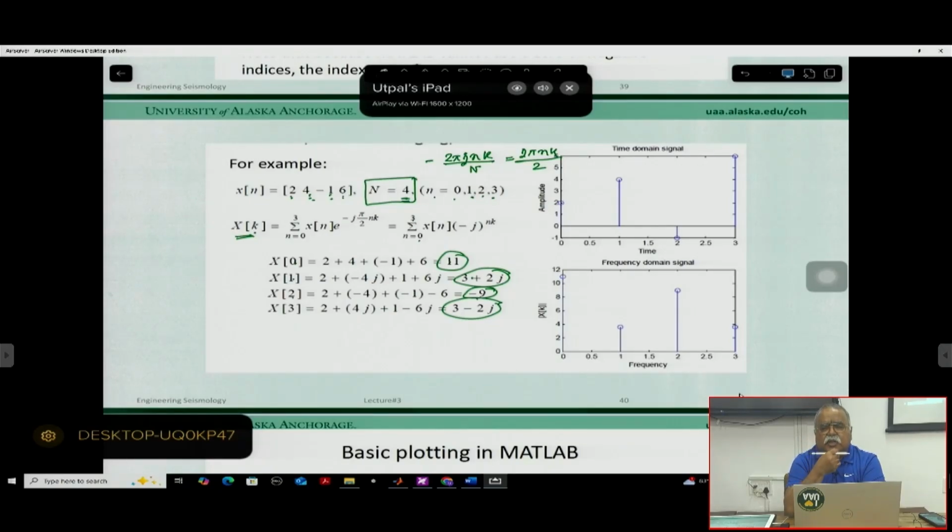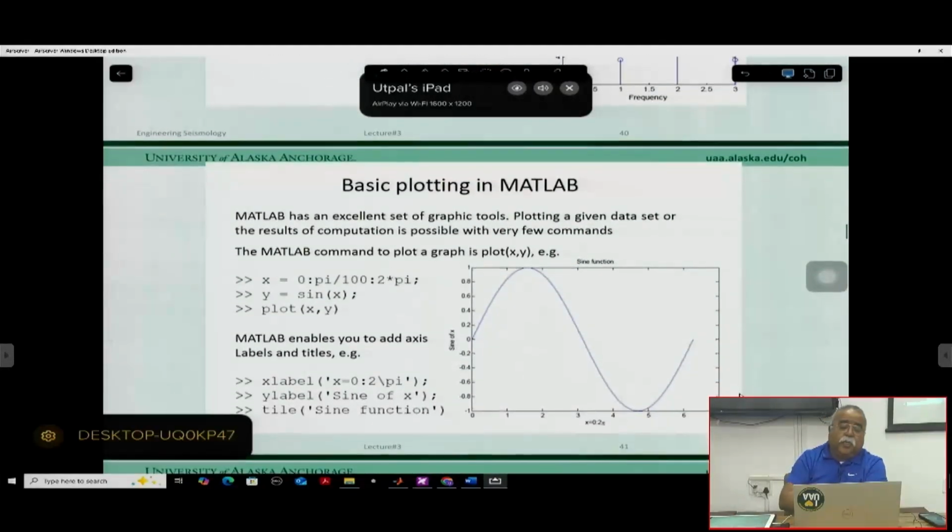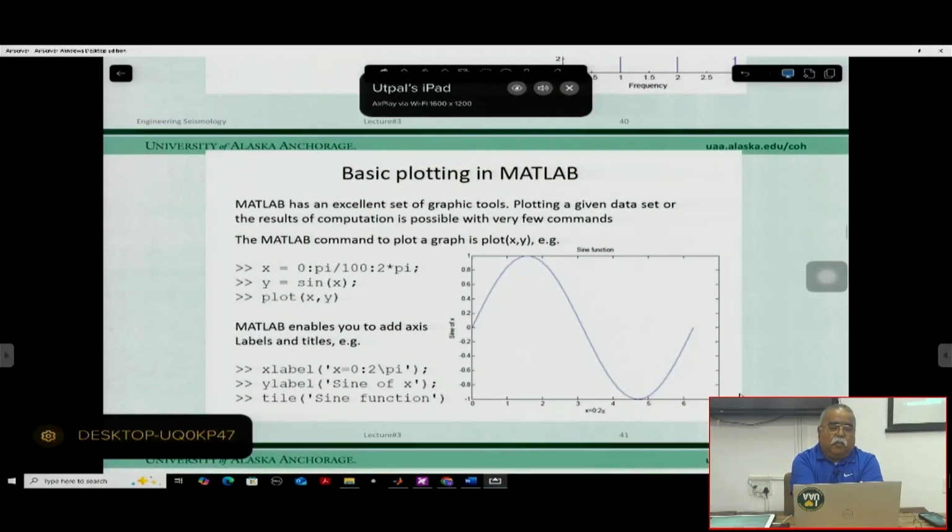So how to do it in a much faster manner? They do it by a fast Fourier algorithm. That's the FFT algorithm, and that is what we need to use, either in MATLAB or in Python, whatever you are using.